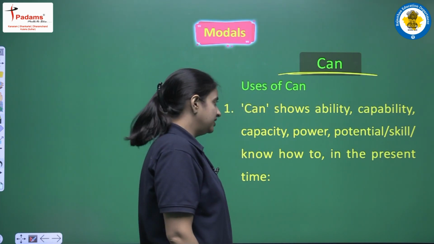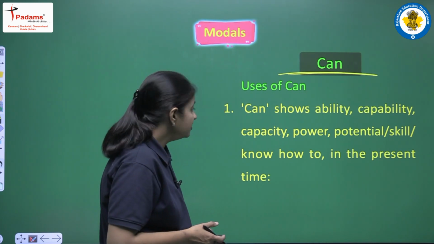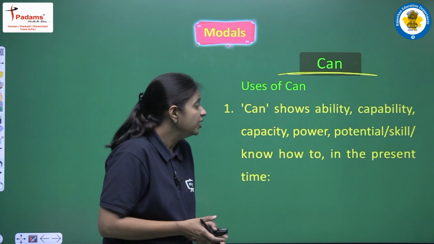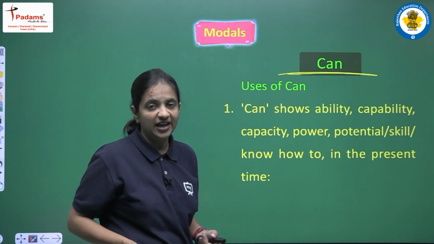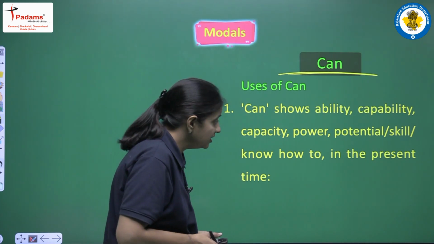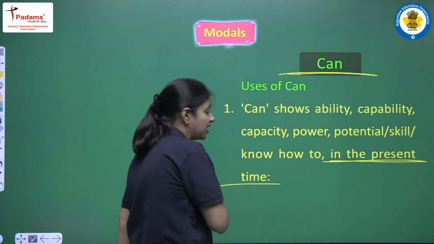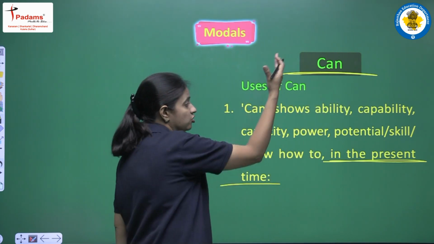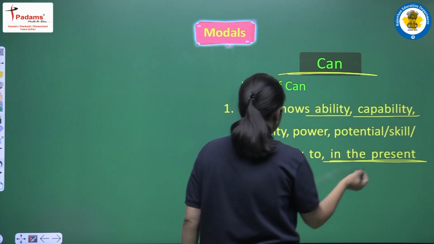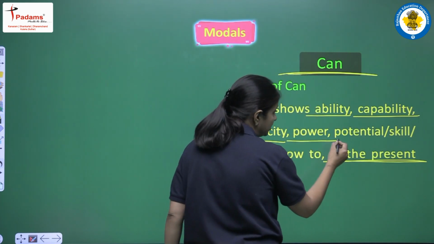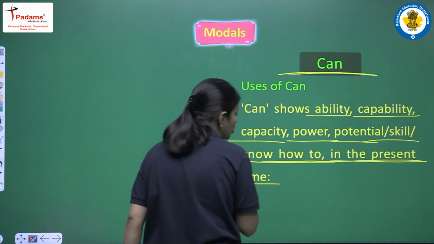Can shows ability, capability, capacity, power, potential, skill, know how to in the present time. So this is the very first use of can, and here we have to learn that this word can is used in present time, right? And it is used to show all these things: ability, second is capability, capacity, power, potential, or we can say skill, or we can say know how to.